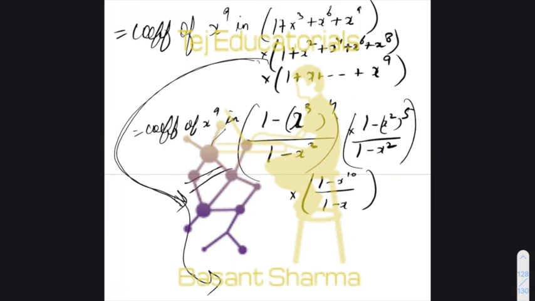This is nothing but the coefficient of x to the power 9 in, if you multiply all these terms, what will you get? You will get 1 + x² + x⁴ + x⁶ + x⁸ + x³·x² + x³·x⁴.